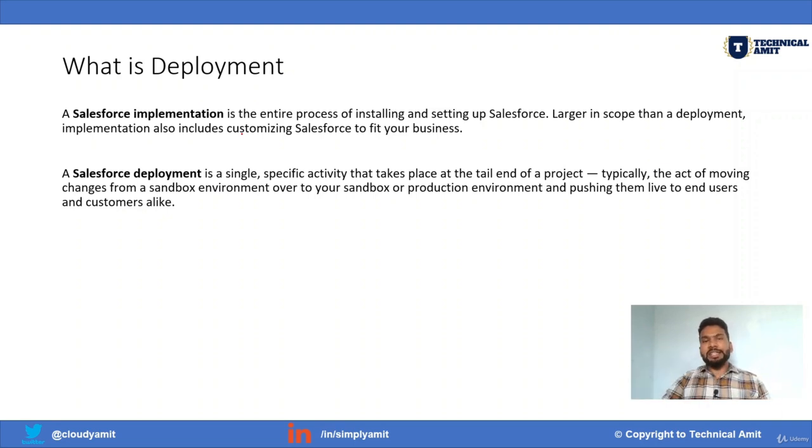So the complete entire life cycle that we do as a developer with the architect, project manager, team lead, and other people who are part of the team like testers and all. That complete process is known as Salesforce implementation.